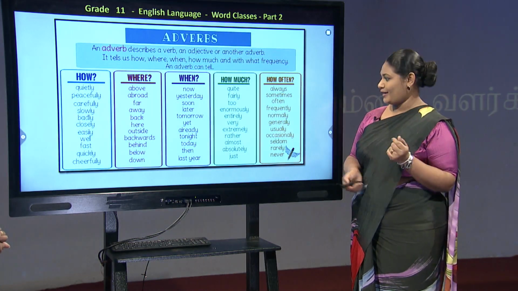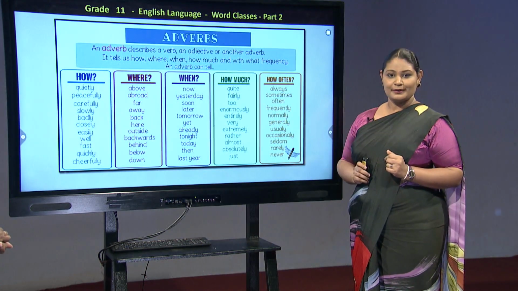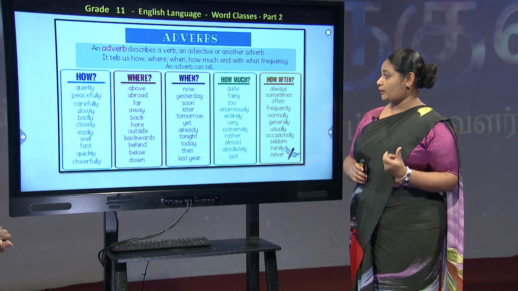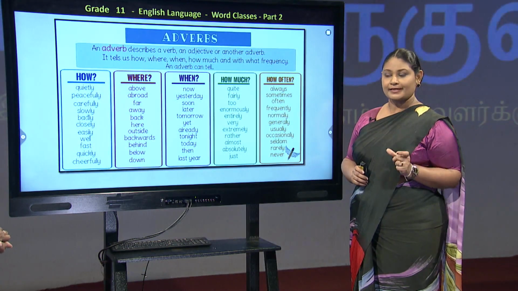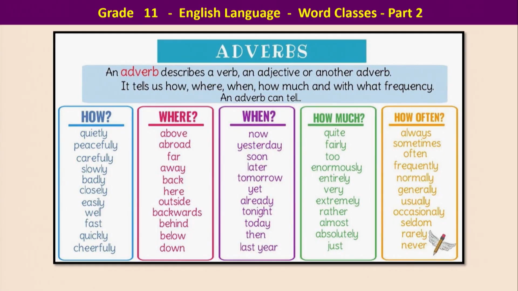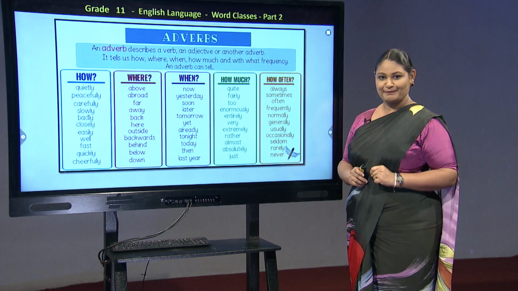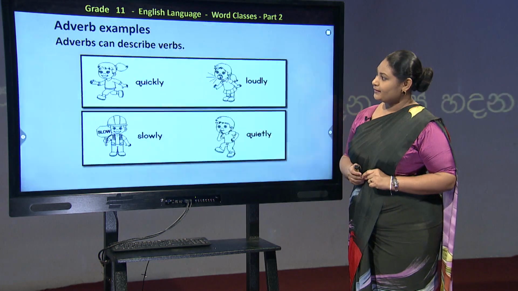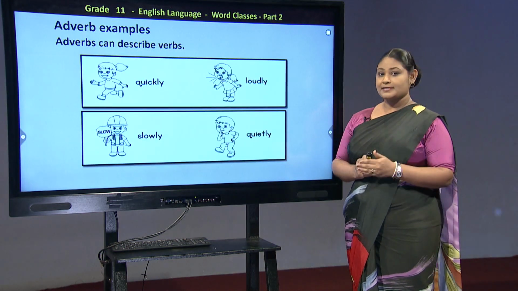These are the adverbs we use when you talk about how often, the frequency. Always, sometimes, often, frequently, normally, generally, usually, occasionally, seldom, rarely, never. Barking dogs seldom bite, they say.